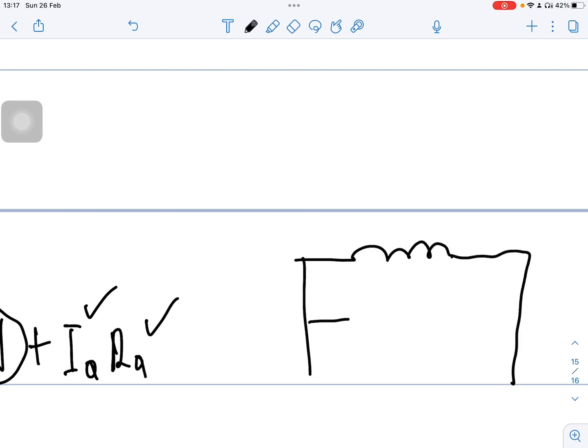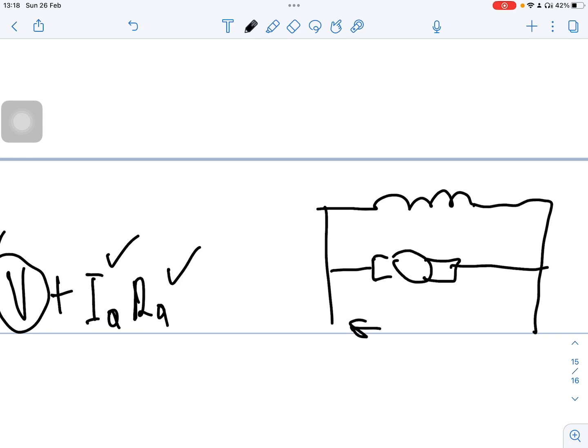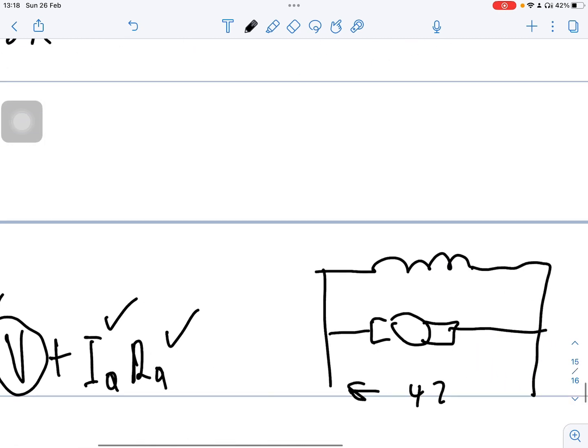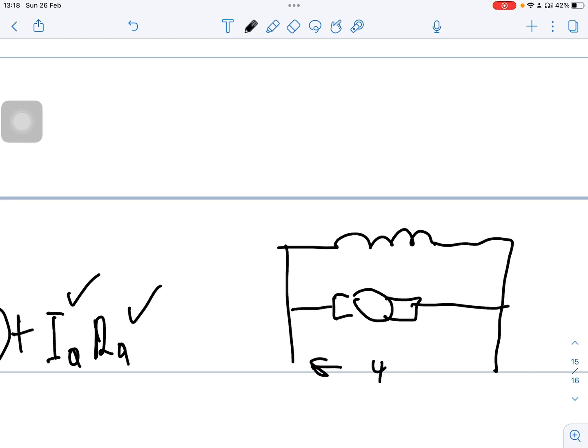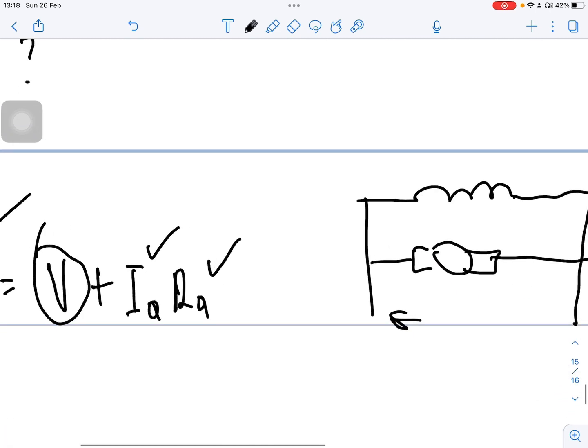We are given a supply voltage of 425. Sorry, it is not the supply voltage, we want V. We are given the EMF of 425, the EMF generated at the armature.